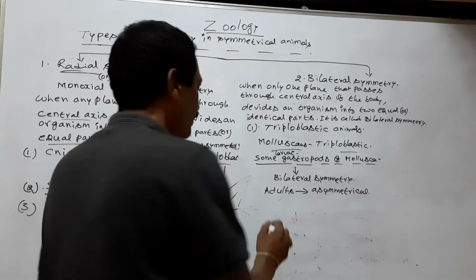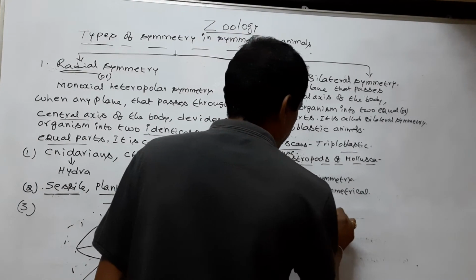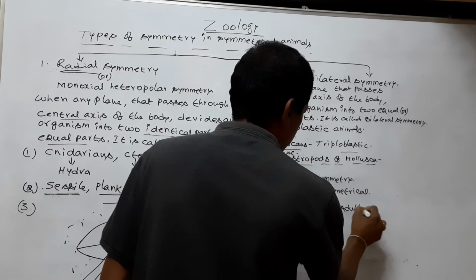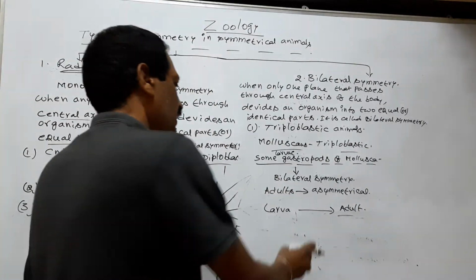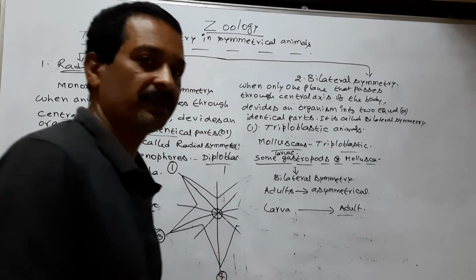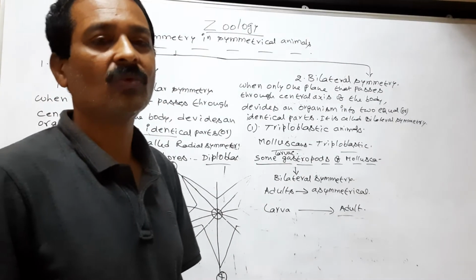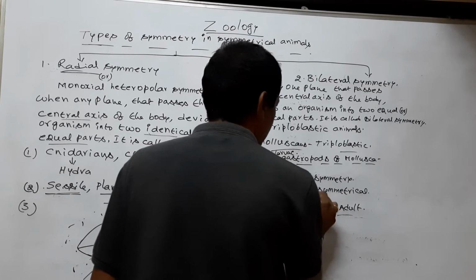Generally, larva develops into adult. In this process, the larva turns 180 degrees.